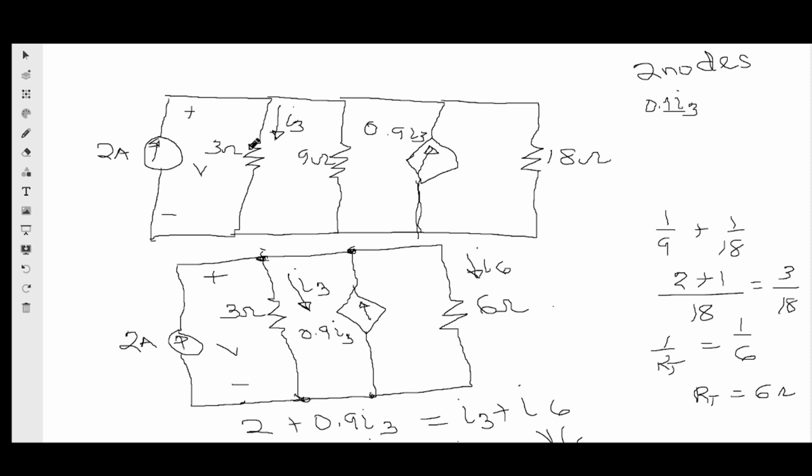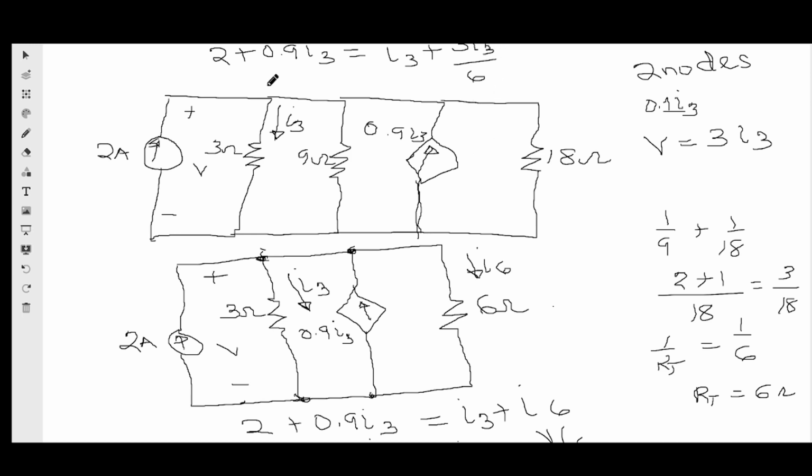The voltage on 3 ohms is V, and therefore using Ohm's law, V is equal to 3 multiplied by the current, that's 3I3. So if I replace V by 3I3, I'll be having 2 plus 0.9 I3 is equal to I3 plus 3I3 over 6.